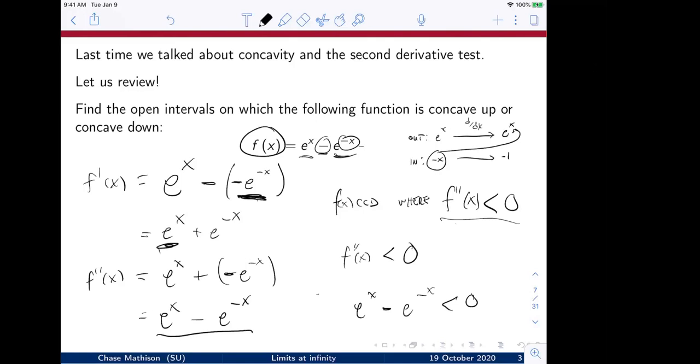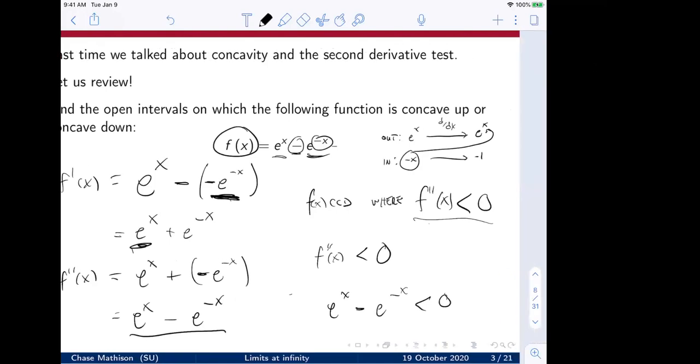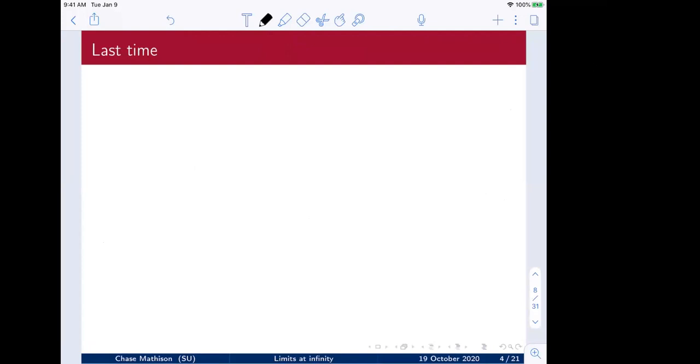Okay. So I'll add e to the minus x to both sides of this inequality. I get e to the x is less than e to the minus x. And then how do I solve this inequality here? What should I do to both sides?